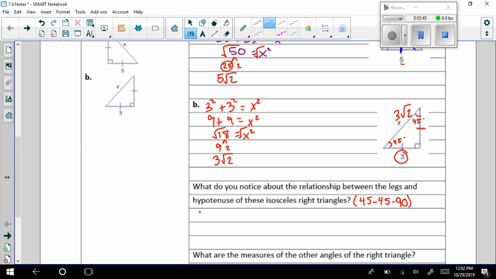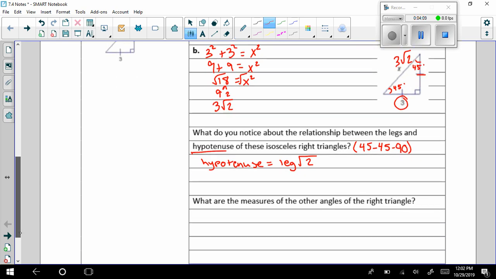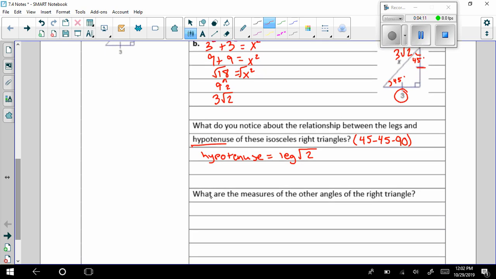All right, the hypotenuse is equal to the leg length times the square root of 2. So it's always 45 degrees, 45 degrees, and 90.